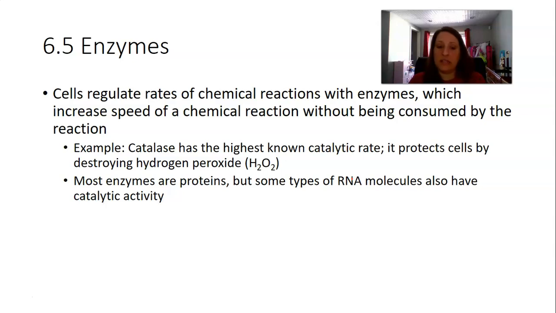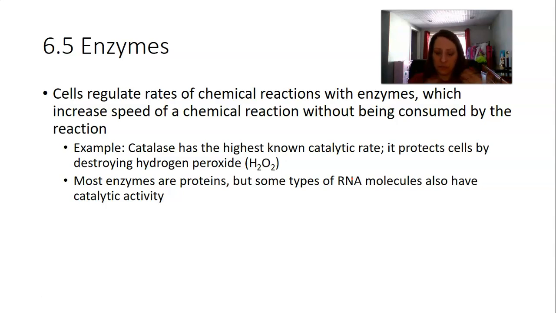And so catalase is going to be the enzyme that is going to speed up that reaction. It will actually bind to the hydrogen peroxide. It will create tension and contortion of the bonds of hydrogen peroxide, causing it to reach the transition state very readily, right? It has a very high catalytic rate.